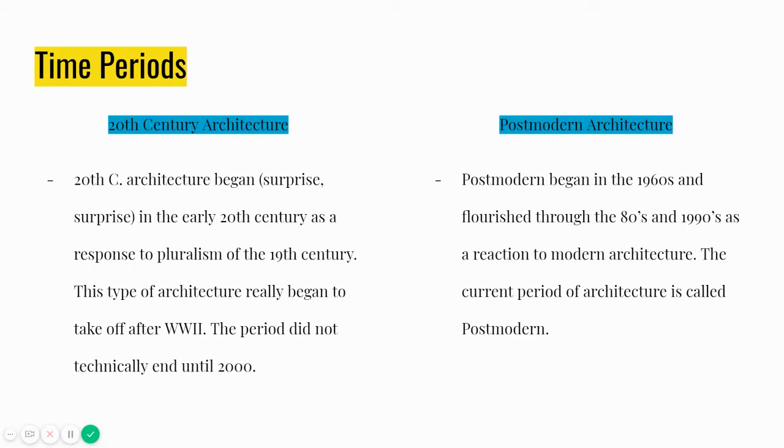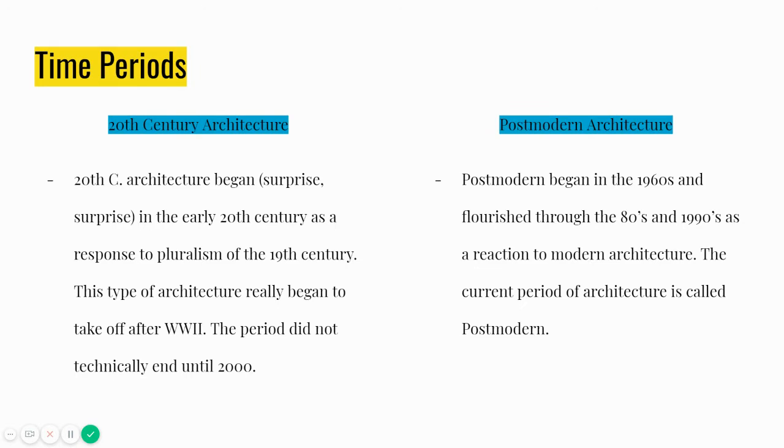He broke it down into some subcategories here. So for time periods, the 20th century architecture began in the early 20th century, so in the early 1900s. And this type of architecture really began to take off after World War II. We had to get through the post-war period, get through the Depression, get through a lot of those economic issues.